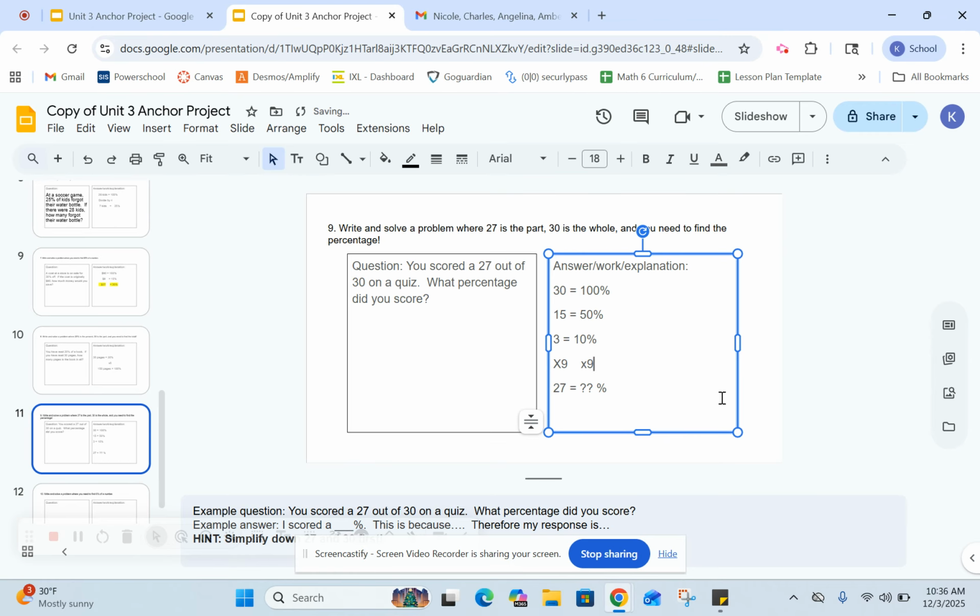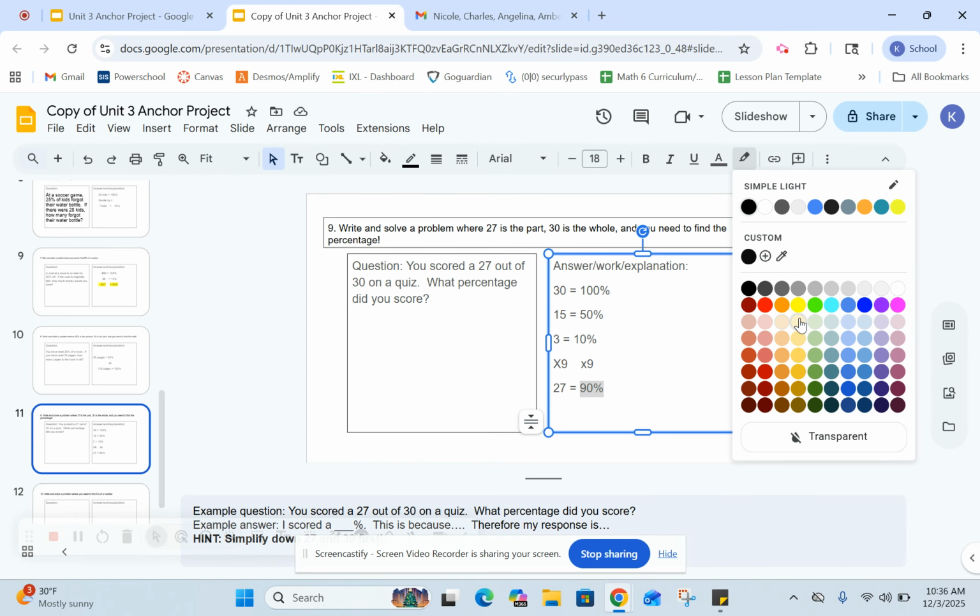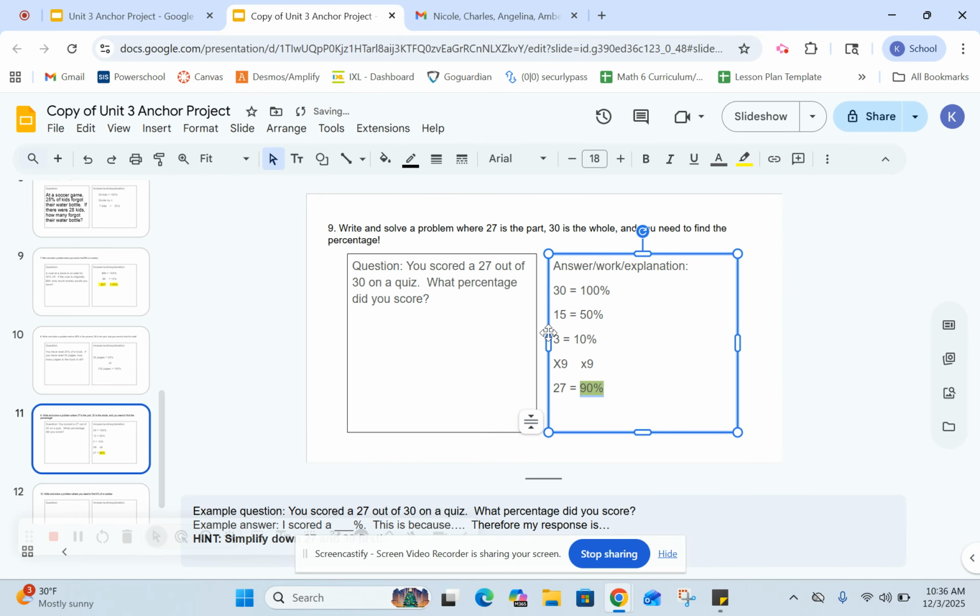So 10% times 9 gives us 90%. So it would be a 90%. Because we know that 3 questions right would be 10%, but we got 27 questions right. 3 times 9 is 27. 10 times 9 is 90%.